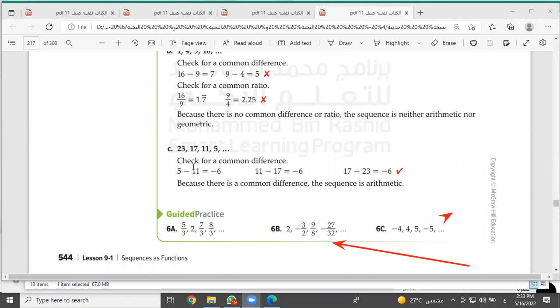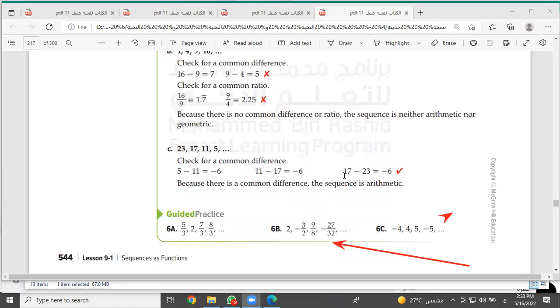But number C, 23, 17, 11, 5, check for common difference. We found that 5 minus 11 gives us -6. 11 minus 17 also equals -6. So it's arithmetic.